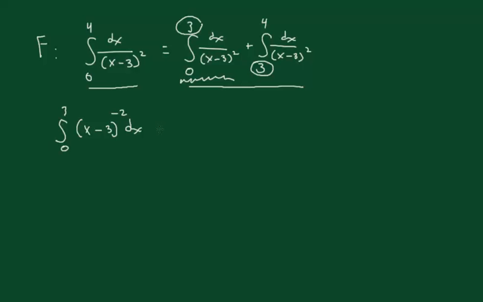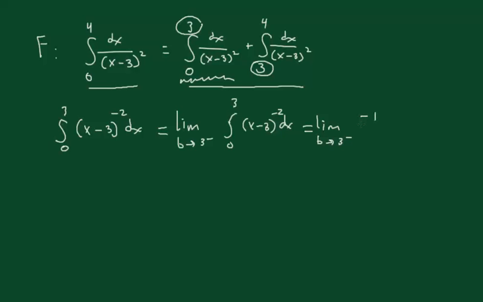We have the limit as b approaches 3 from the left of the integral from 0 to b of (x minus 3) to the negative 2, written this way to make it easier to integrate.